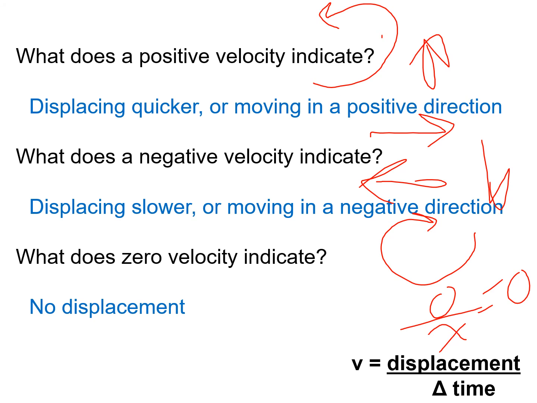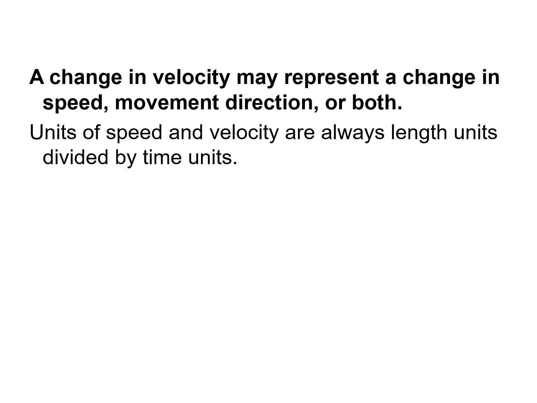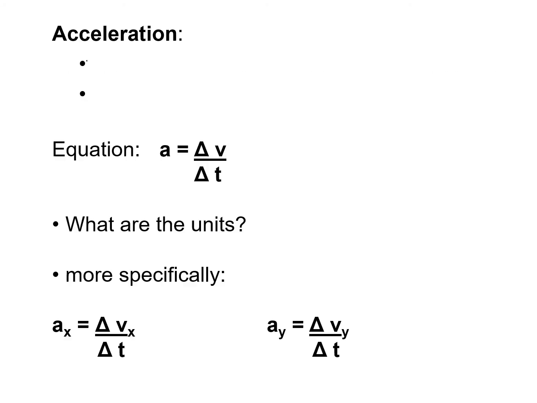Once again, if you ask a physicist that's really into this stuff, they'd say, well, you could teleport, but we won't talk about that. So if there's no displacement, there's 0 velocity. So a change in velocity may represent a change in speed, movement direction, or both. Units of speed and velocity are always length units divided by time units.